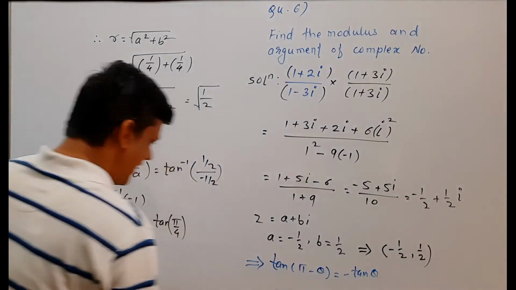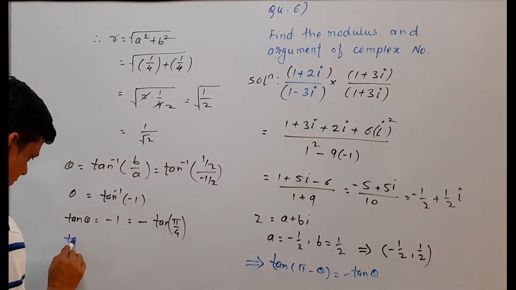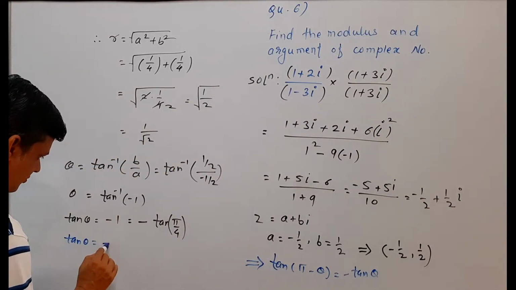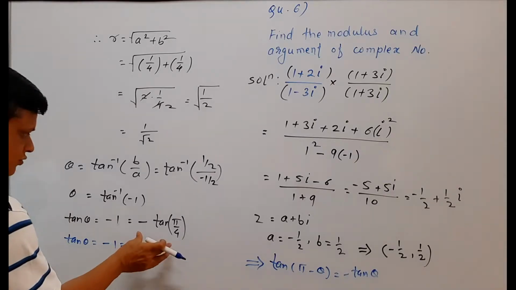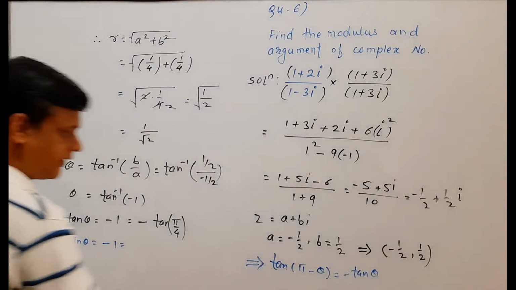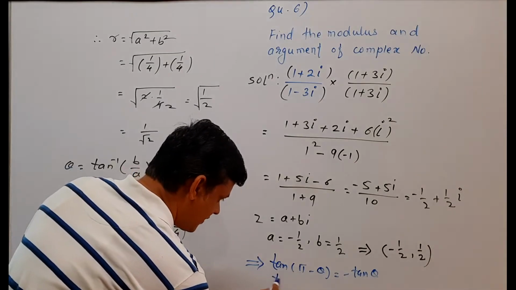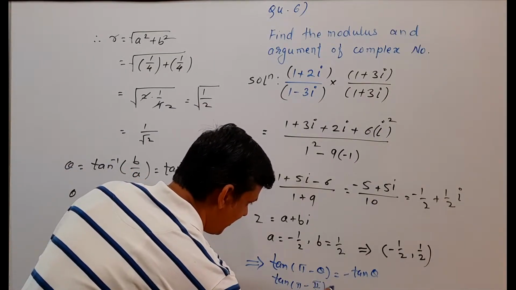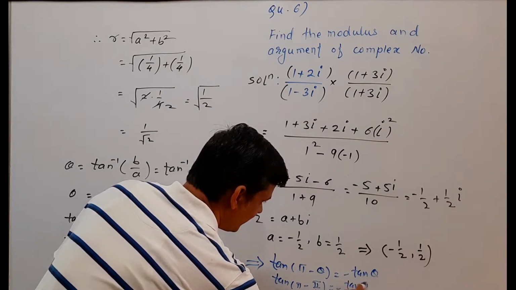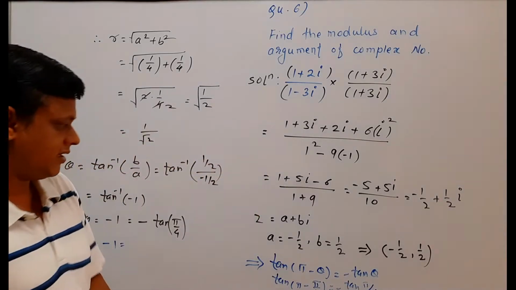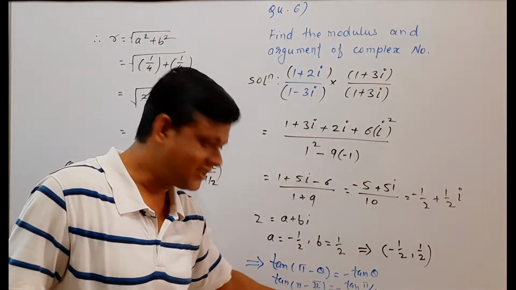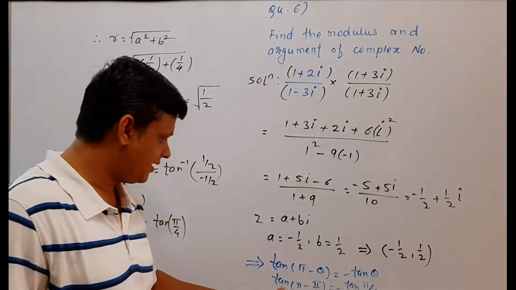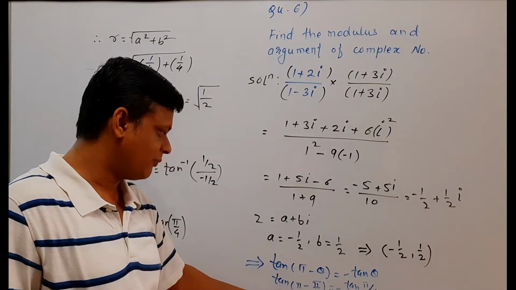So we write this as tan theta is equal to minus 1 is equal to minus tan pi by 4. We calculate by using this formula, tan(pi minus theta), replace theta by pi by 4. That means in place of minus tan pi by 4 we can write tan(pi minus pi by 4).